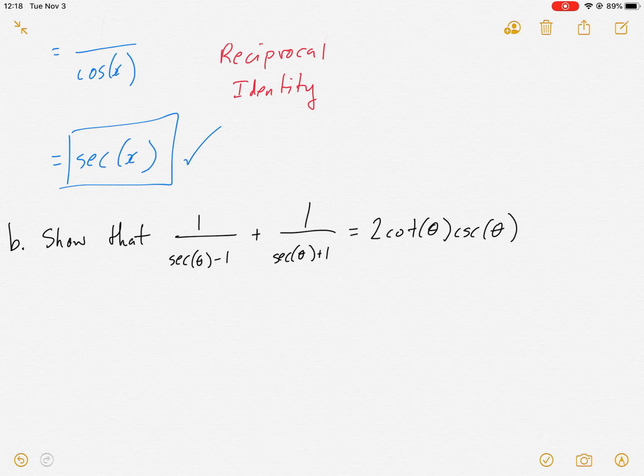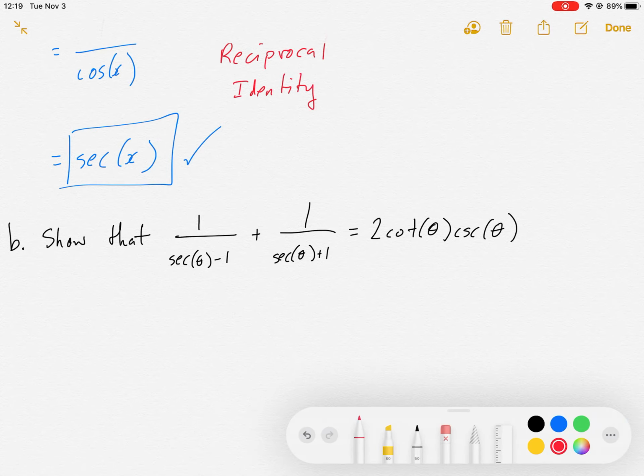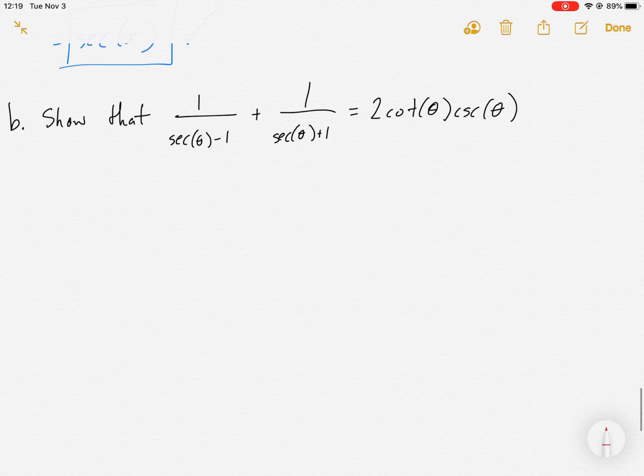Okay, so notice in this one, I've just given you an equation, or it looks like an equation, but really we don't actually know that this is true yet. Because I'm telling you to show it's true, you don't actually know that this equation is true, or I should really say identity is true, but I'll leave it at equation.